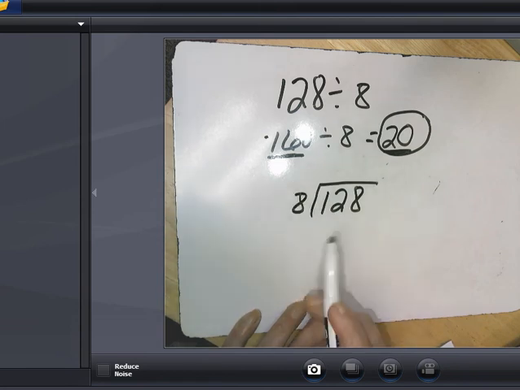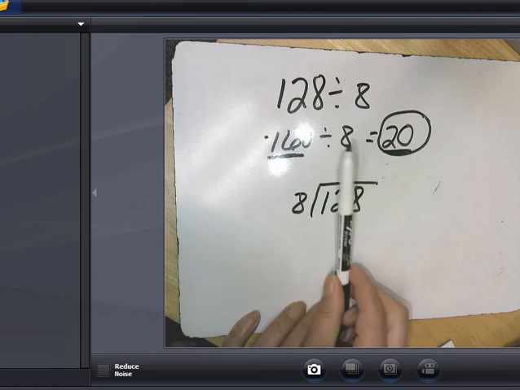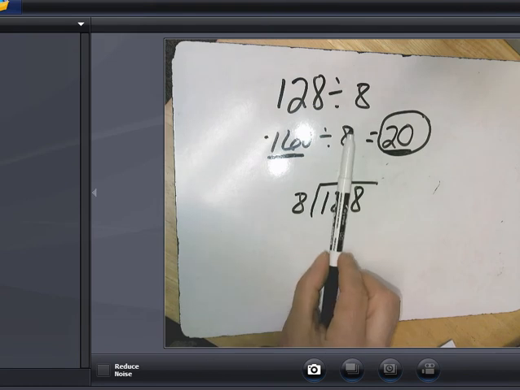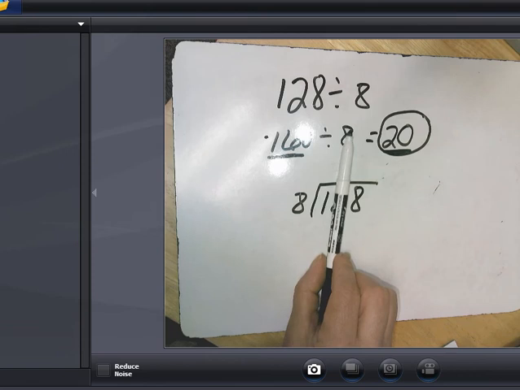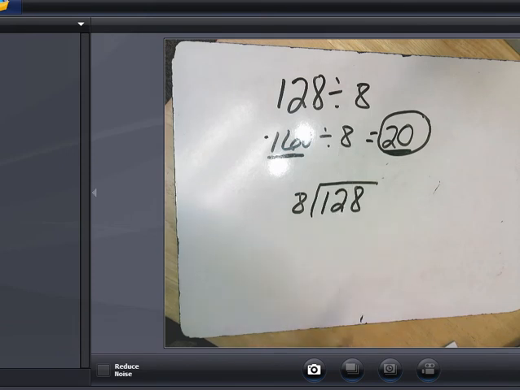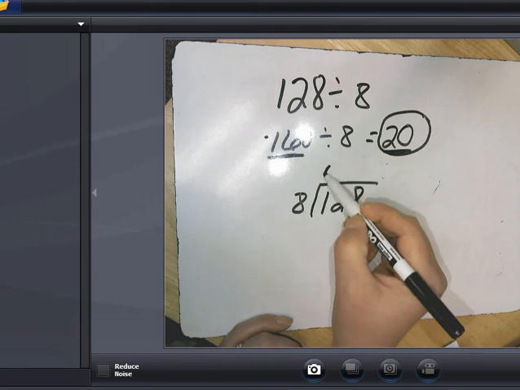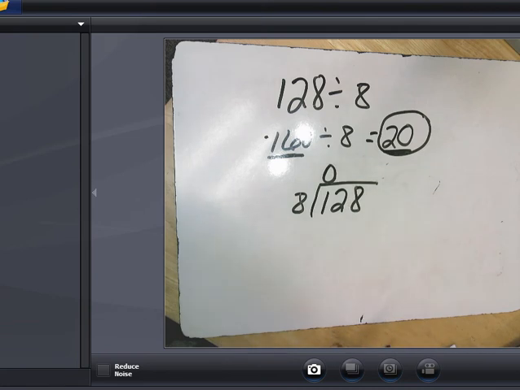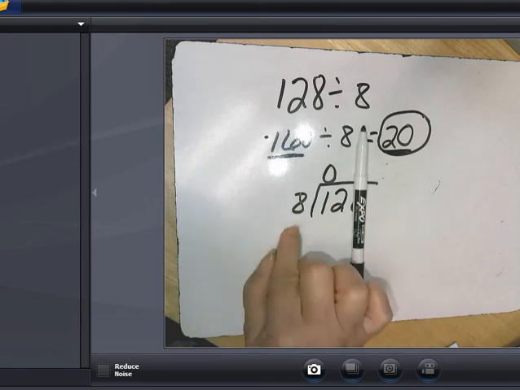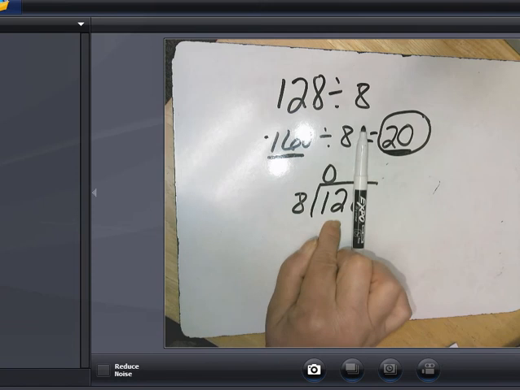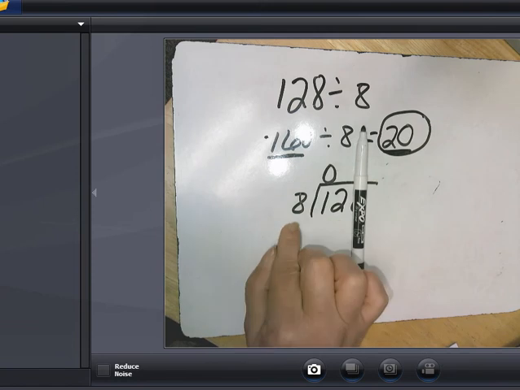I am going to look at this and say to myself, first of all, can 8 be divided by 1? No, it can't. So I'm not going to put anything in the ones column. The ones column is going to sit empty. If it's easier, just like we've done before, as a reminder, you can put a 0 there just to hold the spot. Now I have to go to the next digit, and I say, oh, now I have the number 12, or 120.